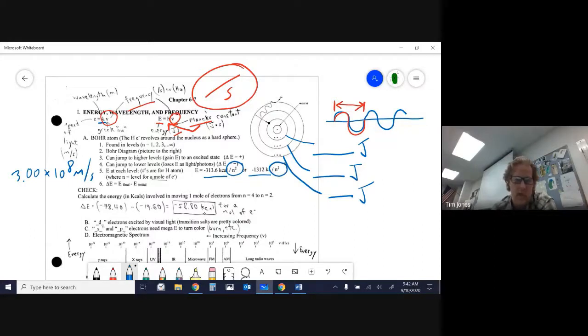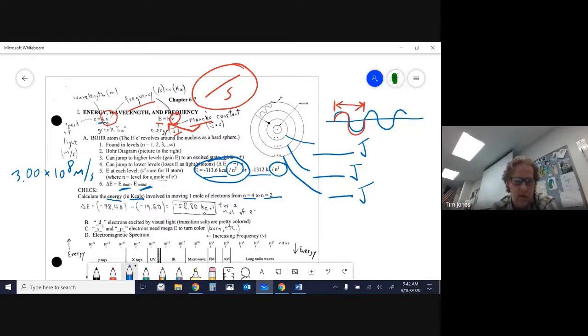So take a look at this example here, this first one. It says calculate the energy. It says kcals, so I'm going to use this one, in moving 1 mole of electrons from level 4 to level 2. Well, when you do a problem like this, you have to do final minus initial.